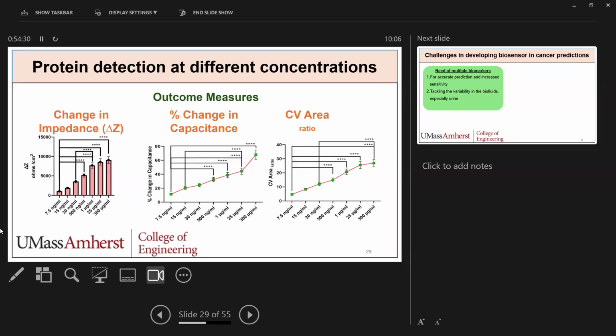You can clearly see that if there is a change in concentration, the change in response is very evident, right? Each concentration we did in triplicates. So one protein in triplicates, and each concentration in triplicates, we get tons and tons of data, right?